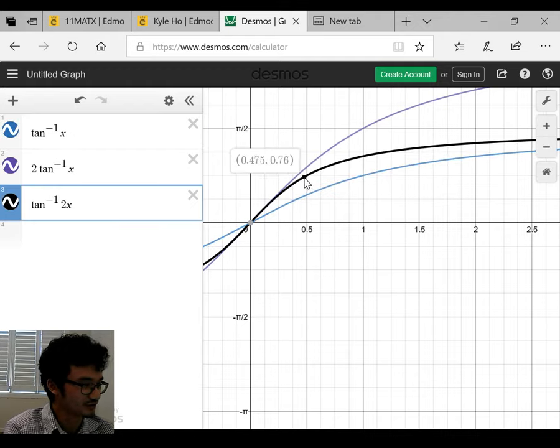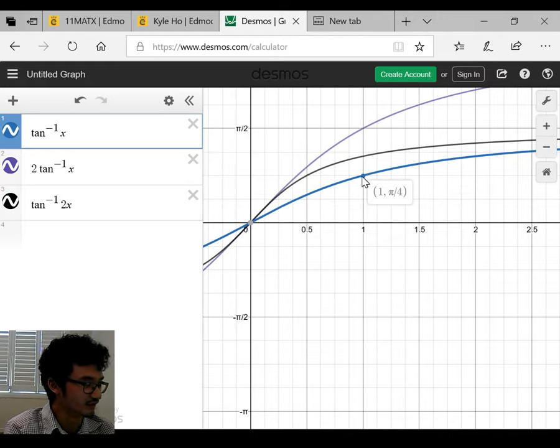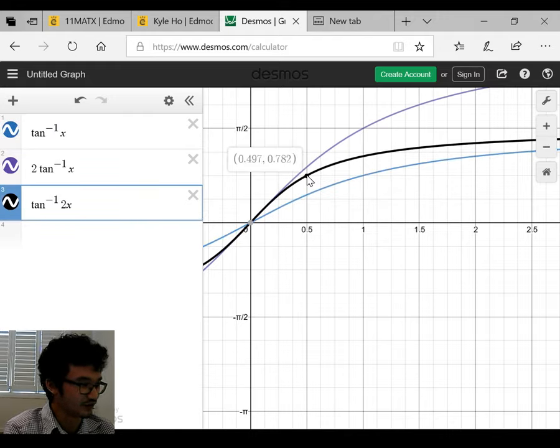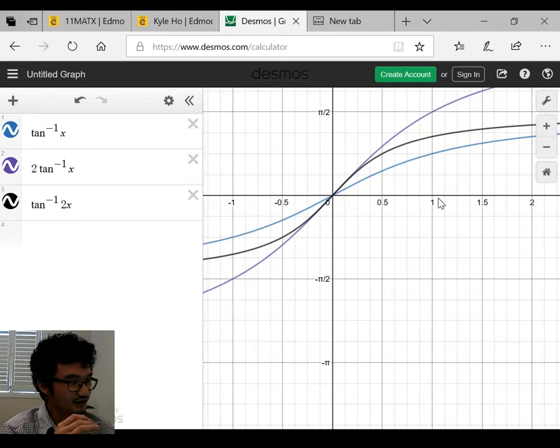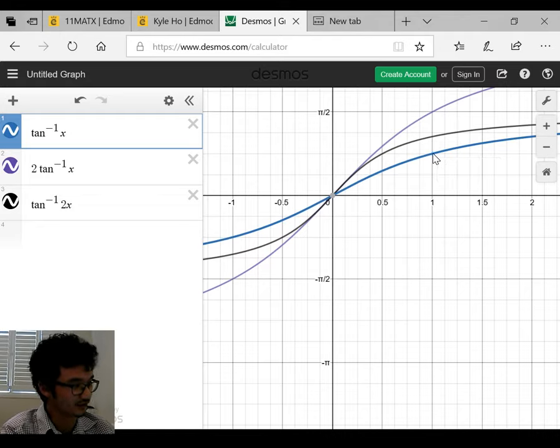Where you would usually get pi on 4 at x equals 1, now you're getting pi on 4 at x equals 0.5. That's how you actually think about the dilation, the coordinates of where you are. And you can still use the inequality tricks. That's why I like the inequality approach, because it works well for that.